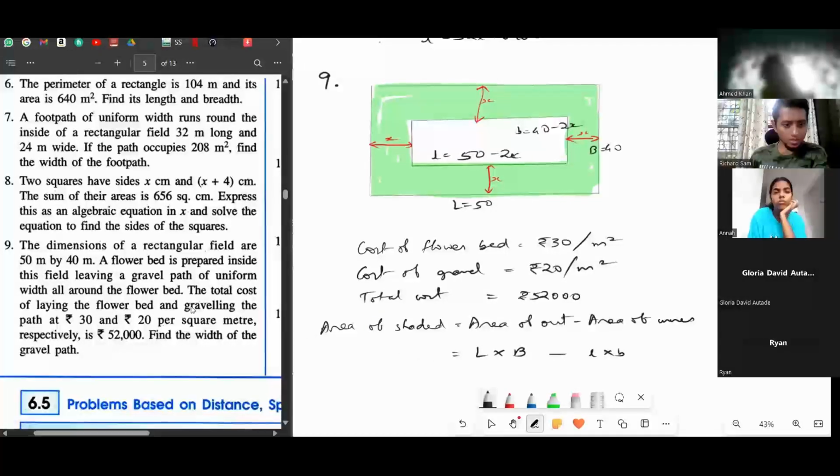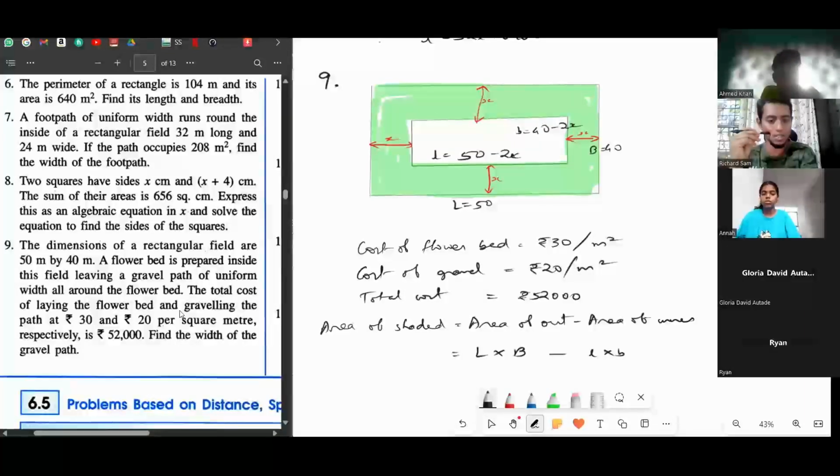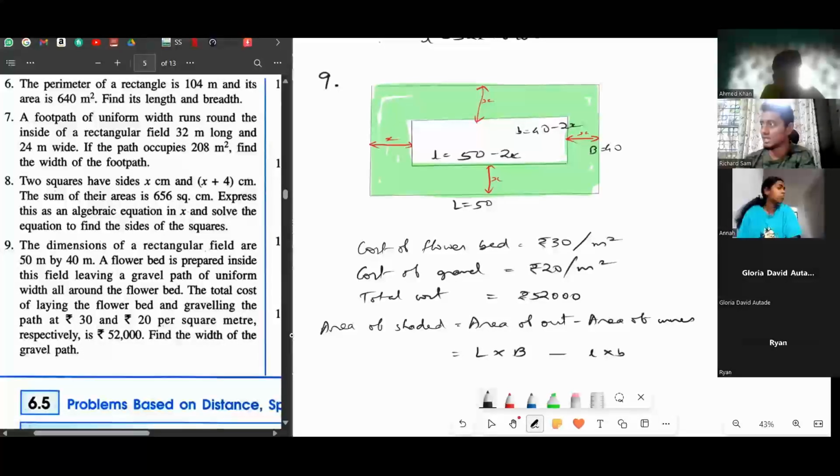What is this 52,000? Total cost of flower bed and gravel path. So here what we are doing right now is area of shaded. Shaded is what? Gravel path. So we're only finding the area of the gravel path.